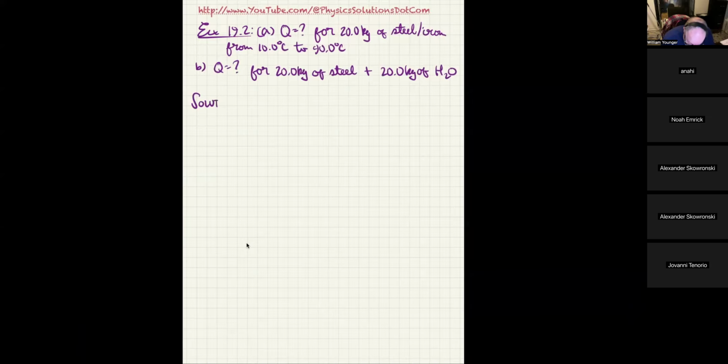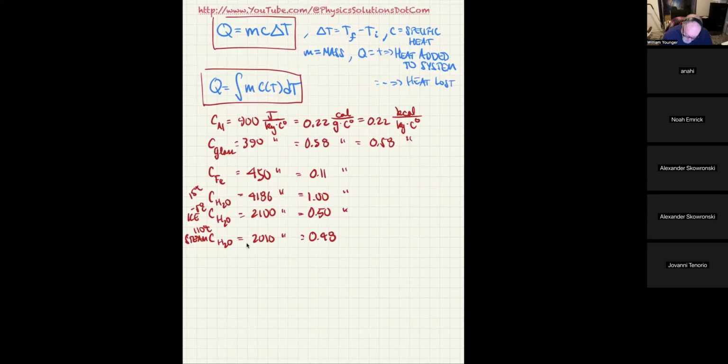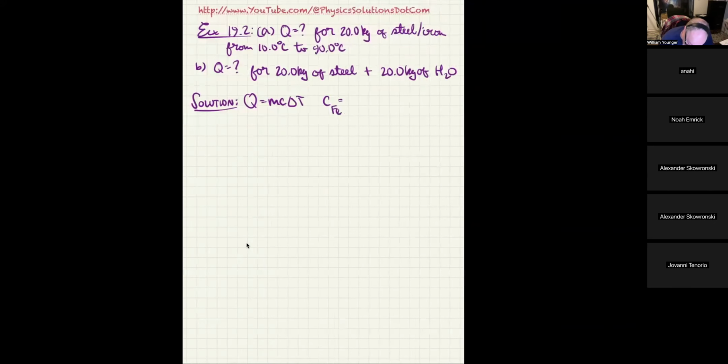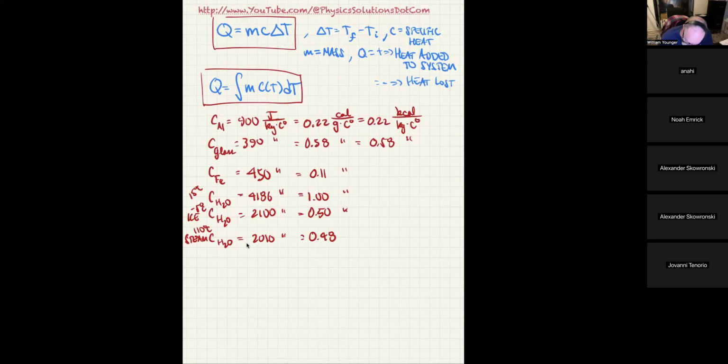Our solution is going to start off with Q equals MC delta T, and the C for steel, we just wrote that down, was 0.11. Actually, since they gave us kilograms, no, we'll do that.